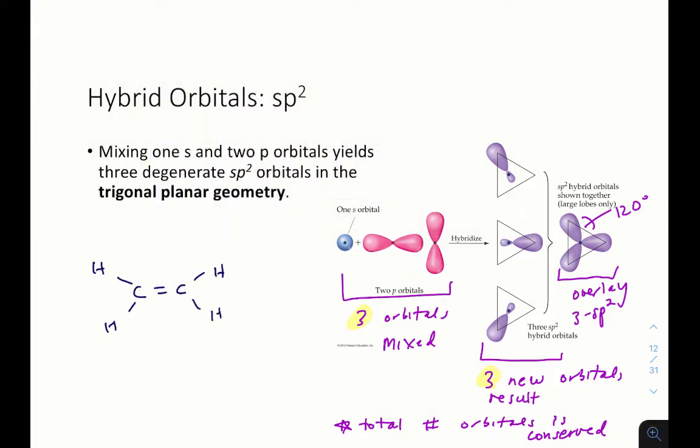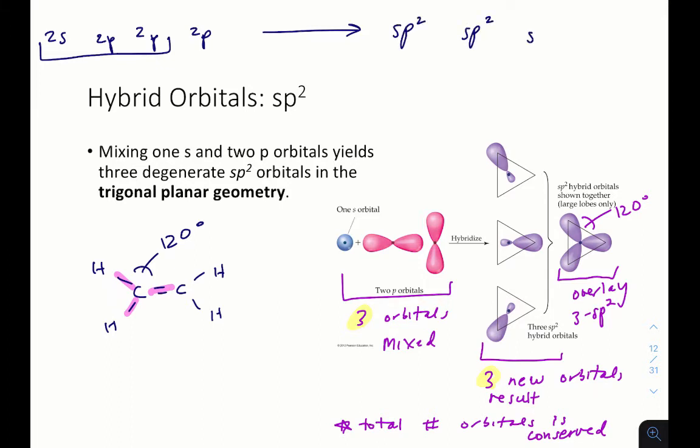That explains how the carbons in ethylene can make three bonds in the same plane with 120-degree bond angles. I'm going to write out the same diagram that I had drawn on the previous slide. This time the 2s and then two of the 2p's are mixed together. And so we're going to end up with three sp2 orbitals and then one leftover p.